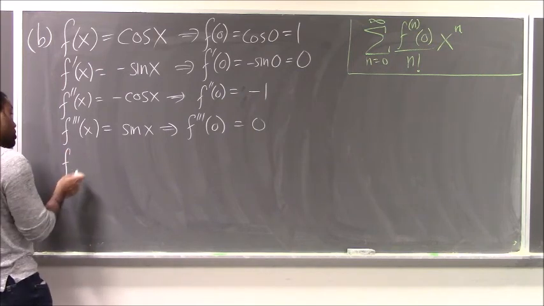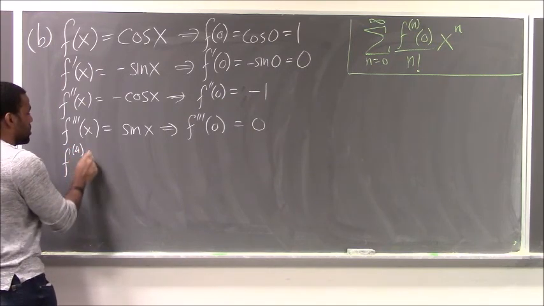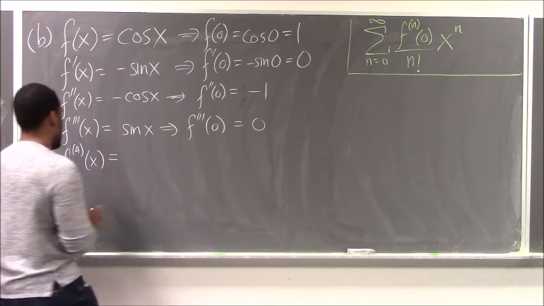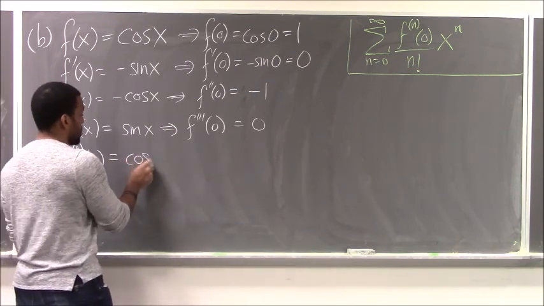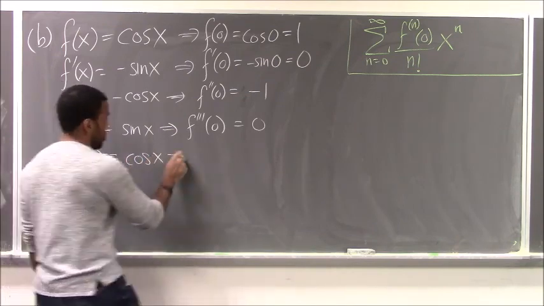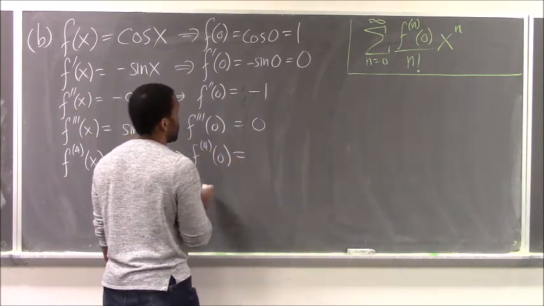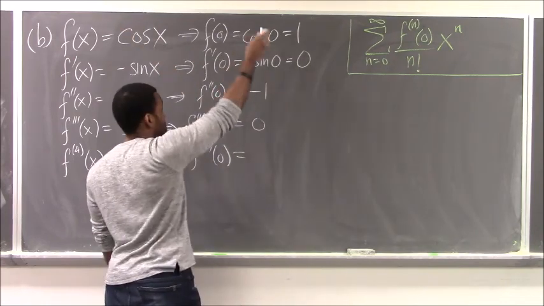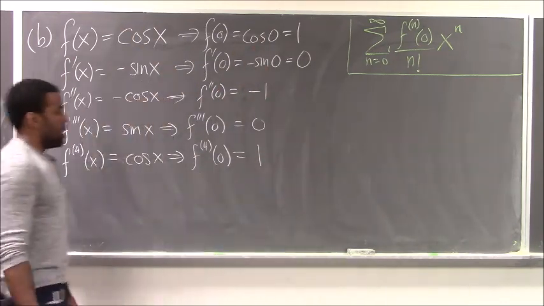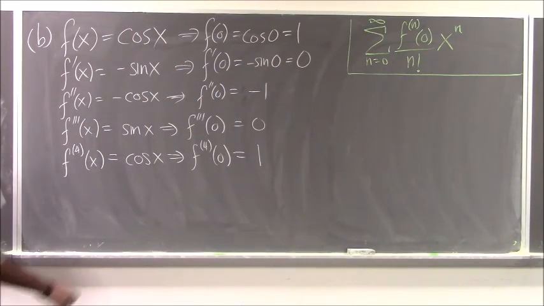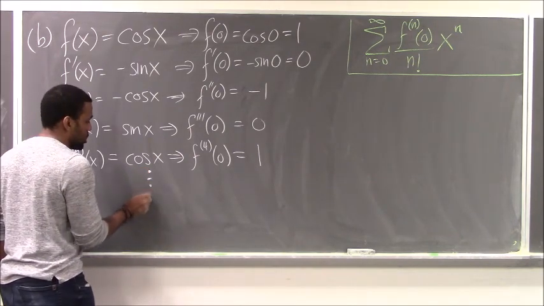Let's do the fourth derivative. And that's cosine. So the fourth derivative evaluated at 0 is actually the same as the first step, 1.